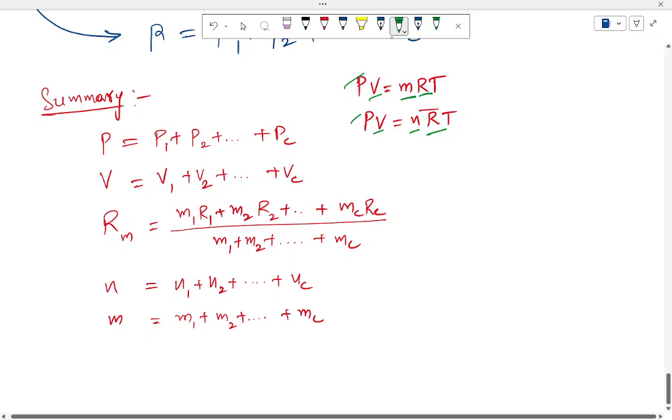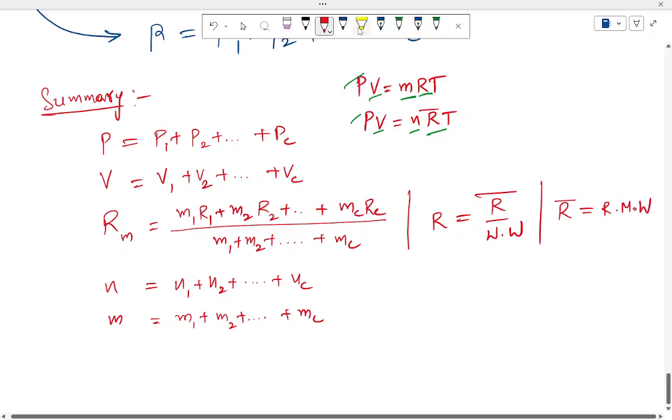And since you have taken it for R, the same concept for R bar also you can take here, because R is nothing but R bar by molecular weight. The same expression can be written as R bar is equal to R into molecular weight.